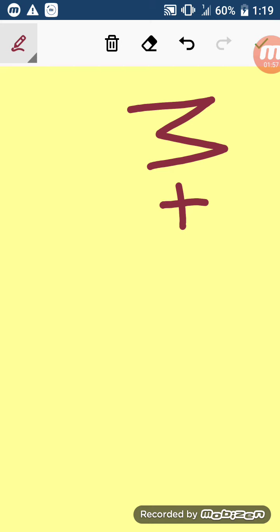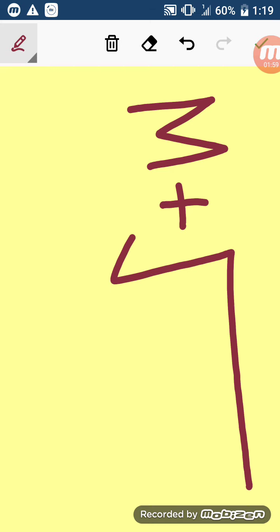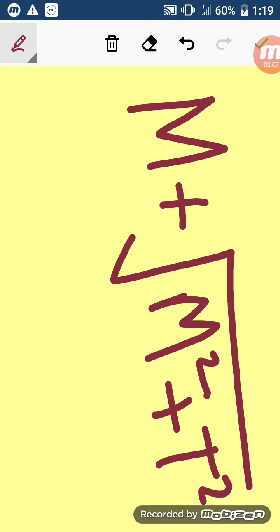Then comes our equivalent bending moment. Before discussing further, we have already read these terms in strength of materials, right? So our equivalent bending moment is equal to M plus the square root of M square plus T square.